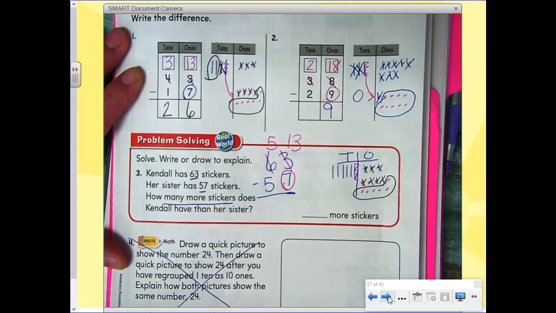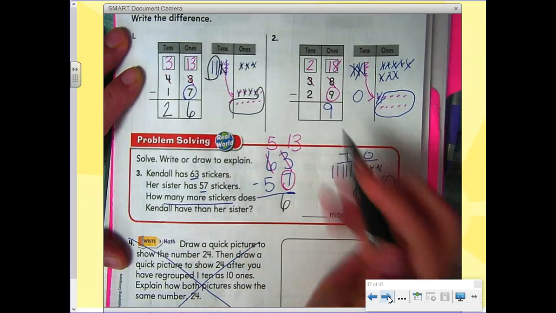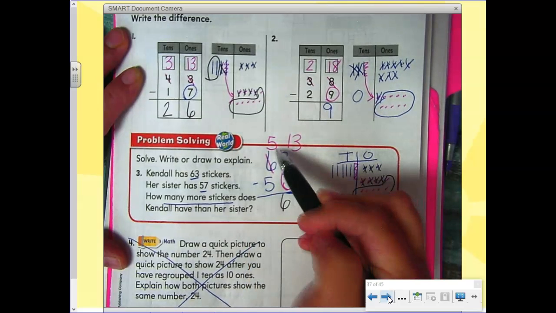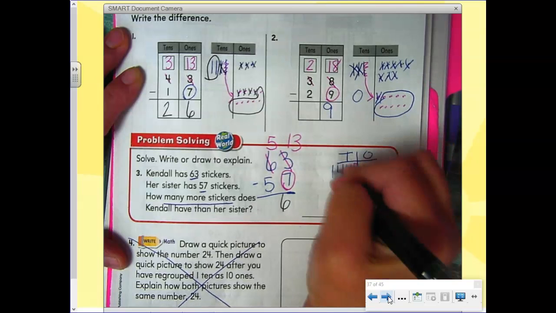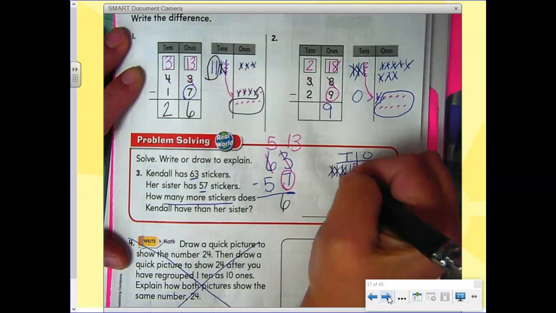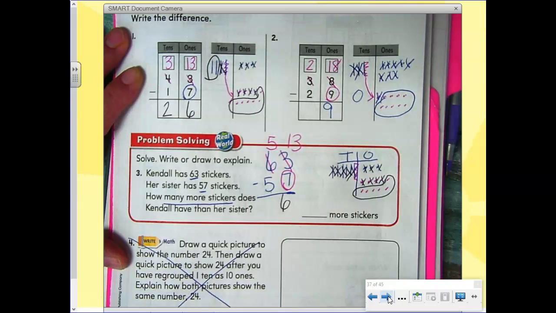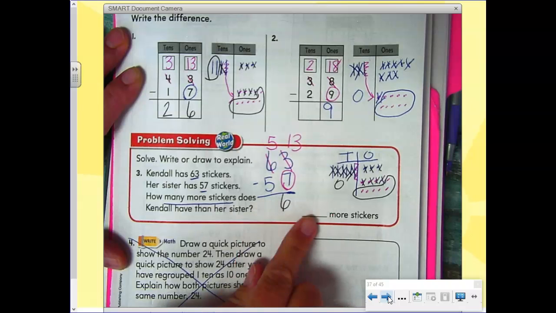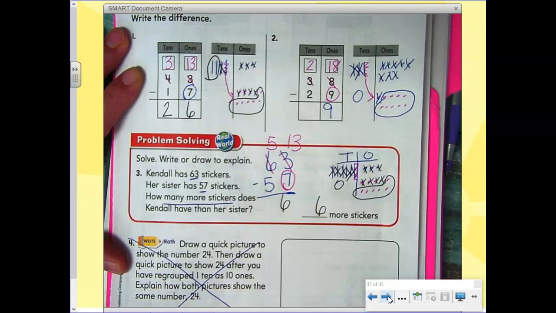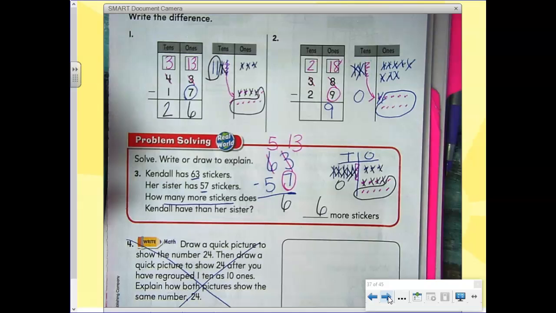We have 6. Now we have 5, and we have to take away 5. 1, 2, 3, 4, 5. Guys, how many are there left on that side? None. So do we have to write the 0 here? No. So how many stickers does Kendall have more than her sister? 6 more stickers. 6 more.